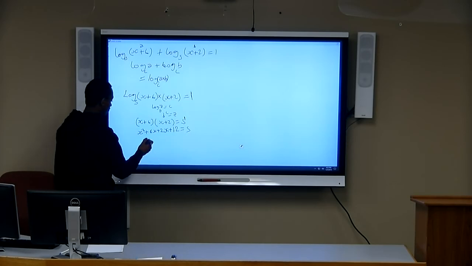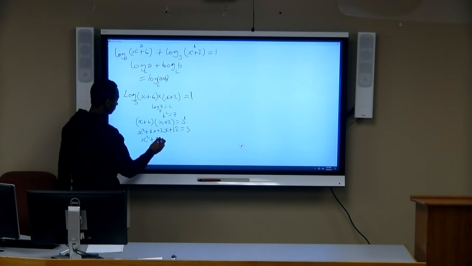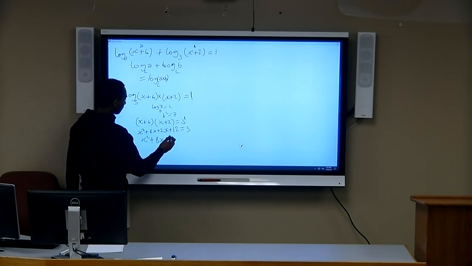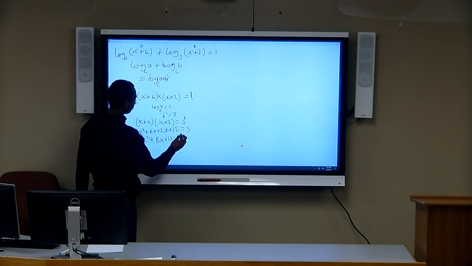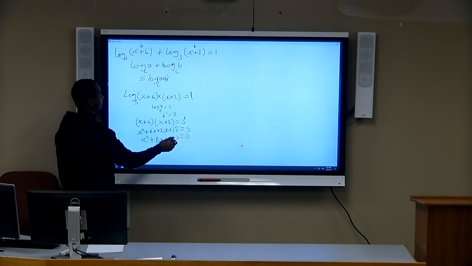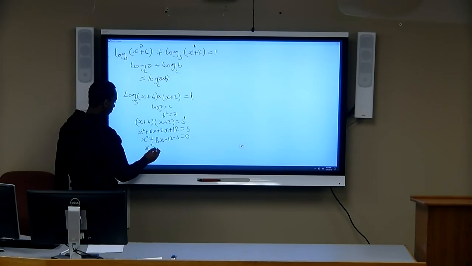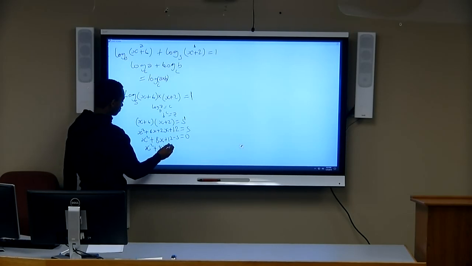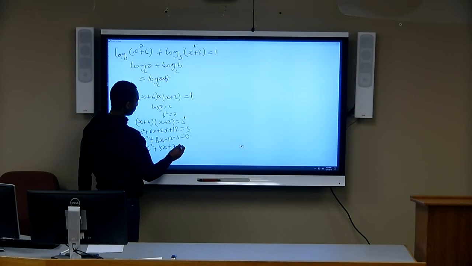So we bring this 5 here so we can get our quadratic equation. This is going to be x squared plus 8x plus 12 minus 5 is equal to 0. 12 minus 5 is 7, so it's x squared plus 8x plus 7 is equal to 0.